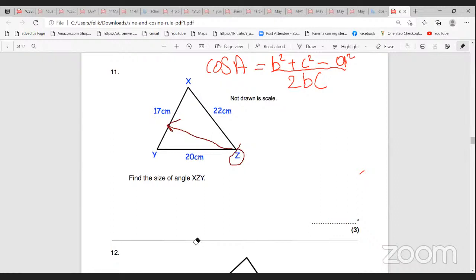What do we do from here? This, all of this, we're going to put, that goes 17.